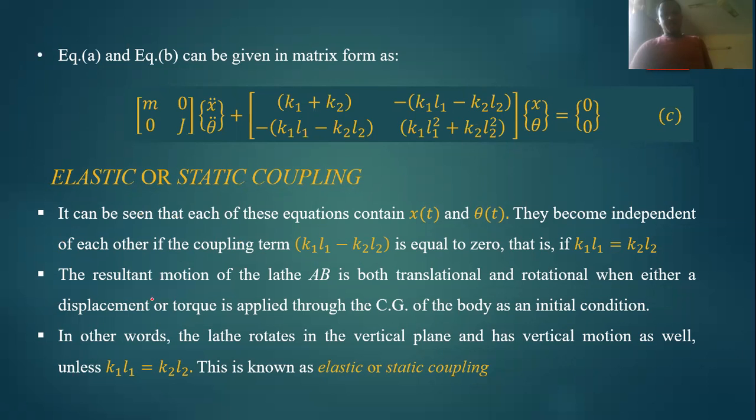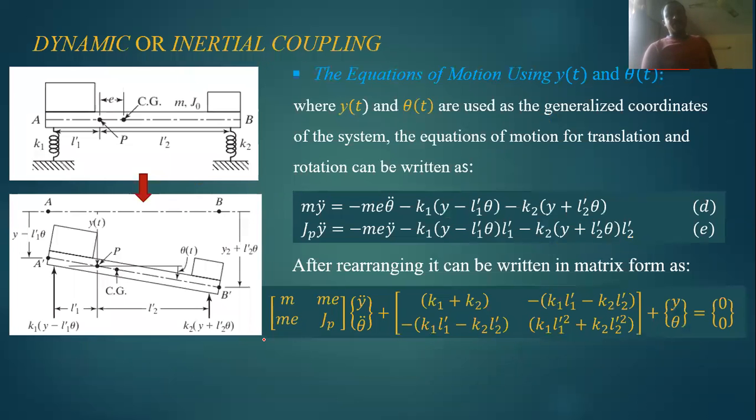The resultant motion of the laser AB is both translational and rotational when either displacement or torque is applied through the CG of the body as an initial condition. In other words, the laser rotates in the vertical plane along with the vertical motion, unless K1 L1 is equal to K2 L2. This is known as elastic or static coupling, the static coupling condition.